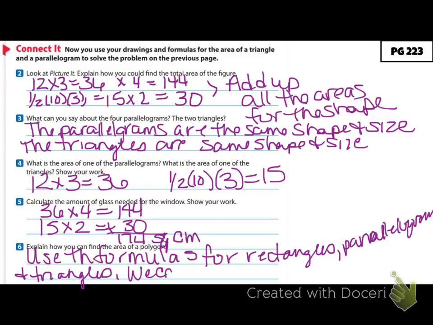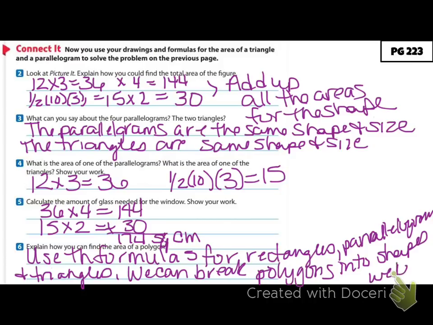We can break polygons into shapes we know. Basically, break down those more difficult shapes into rectangles, parallelograms, and triangles so that it's easier to do. And then once you have each one, you can add them up to get your total.